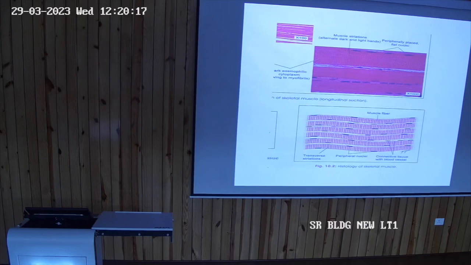The lines are dark lines and light lines. Between the dark lines, you are seeing the light part. That is the light line. This is called striations, transverse striations. The dark line is called the A band.